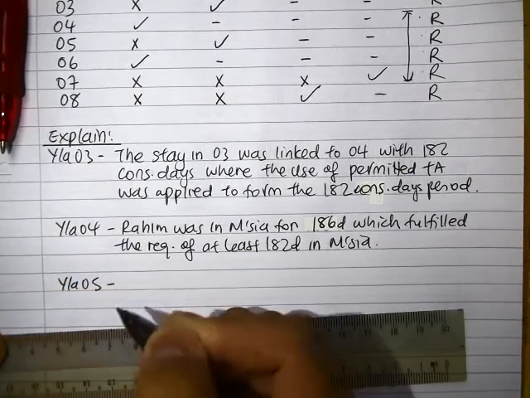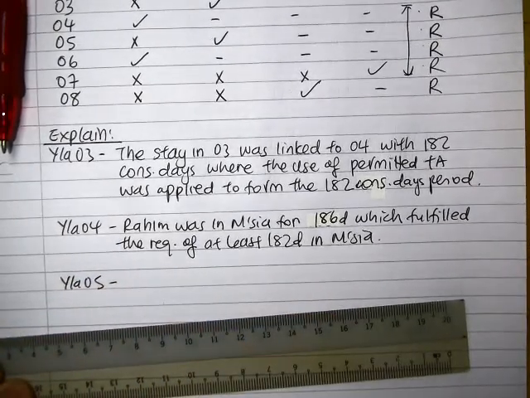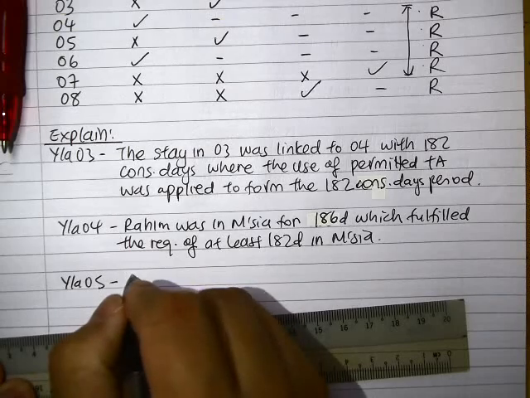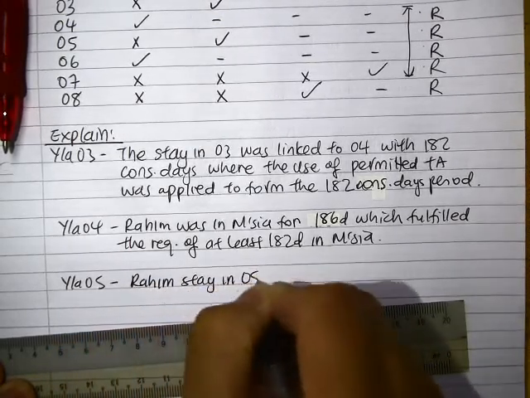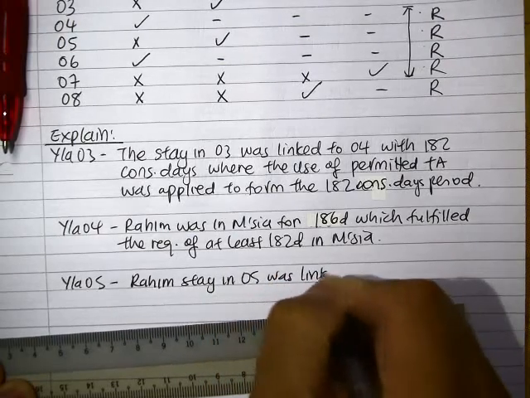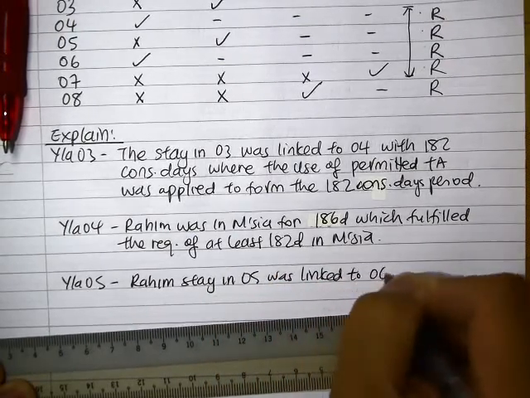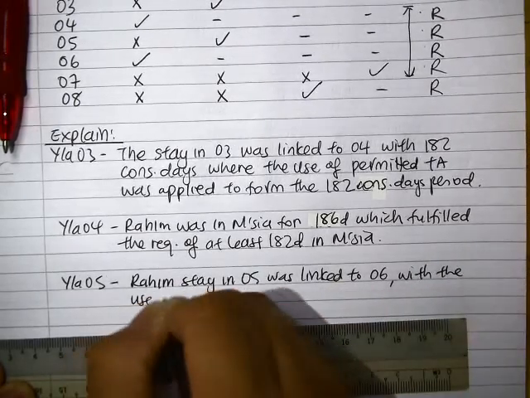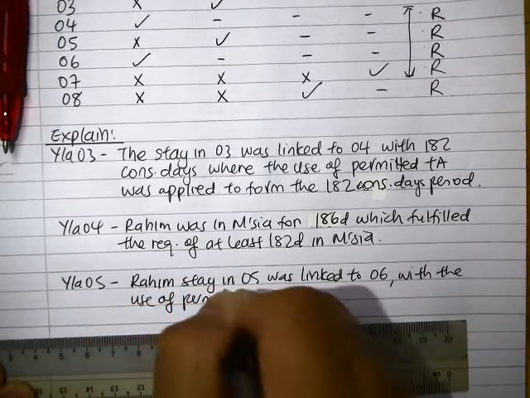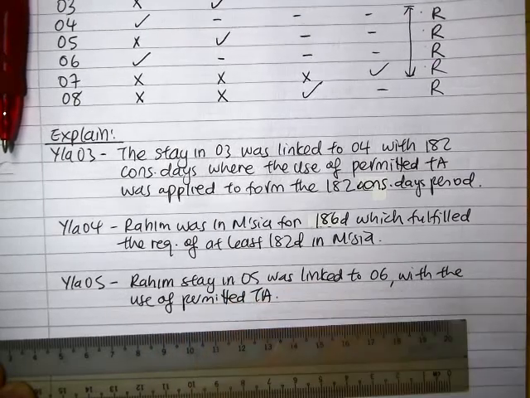Okay, YA05 again. Rahim's stay in 05 was linked to 06, but with the use of permitted temporary absent.